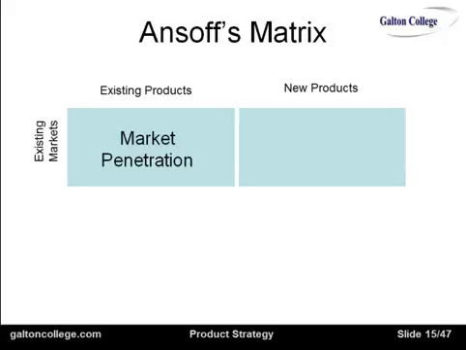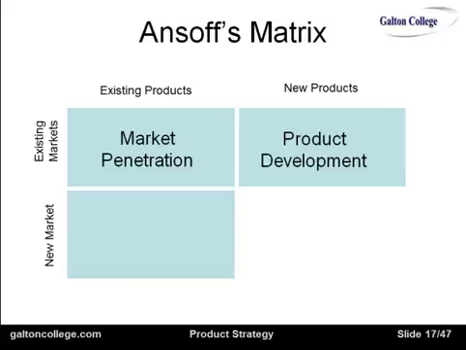You could bring new products into the existing markets. So a new product in the existing market is product development. It's also possible to take the existing products to a new market. That's known as market development.